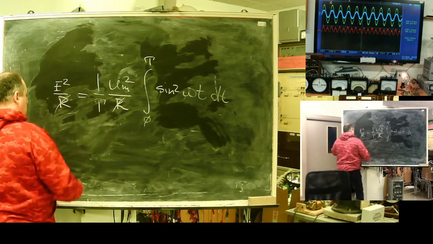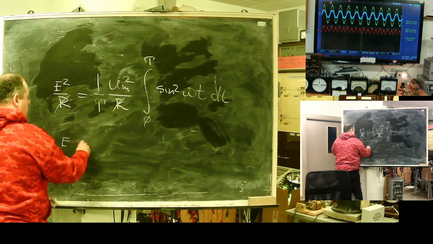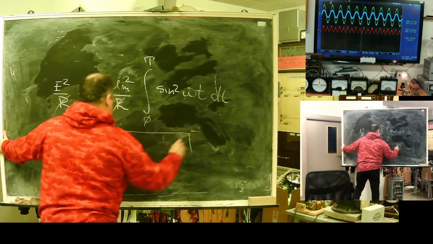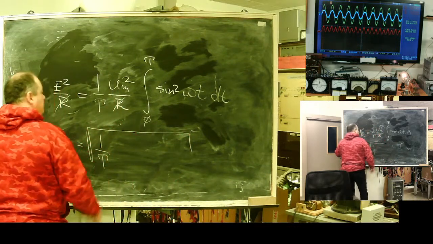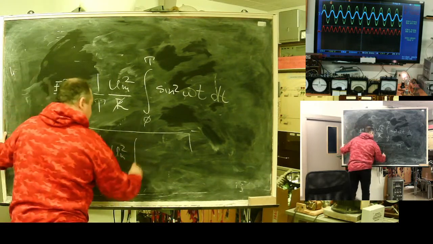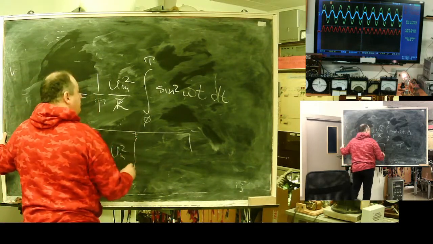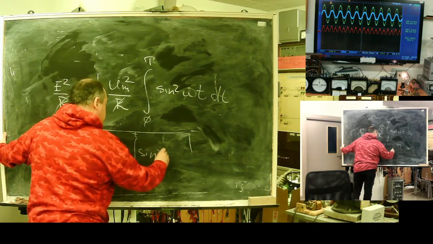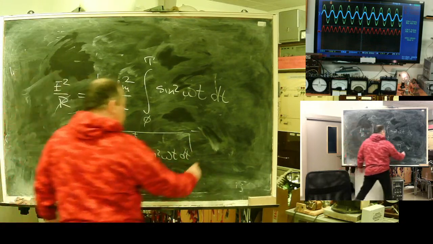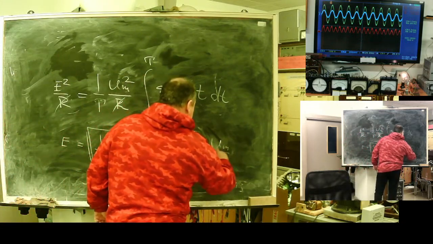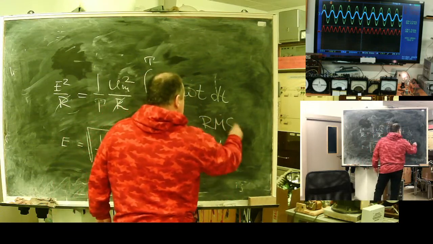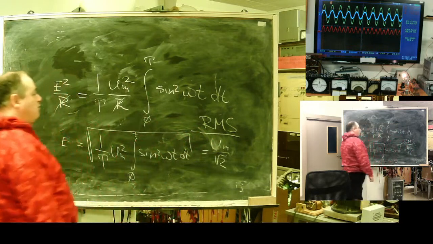So we have this equivalent, or, one moment, we will see 1 divided by the period, integral from 0 to the period of sine squared, which leads us to the maximum divided by the square root of 2. It's the RMS value of our voltage.